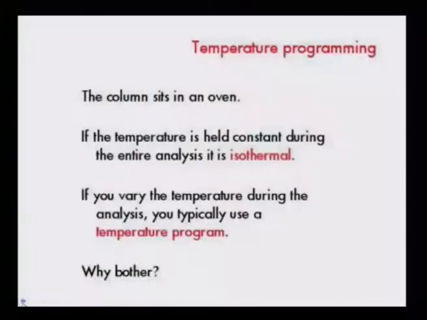The column sits in an oven. If the temperature is held constant during the entire analysis, it is called isothermal. But if you vary the temperature during the analysis, you typically use a temperature program.